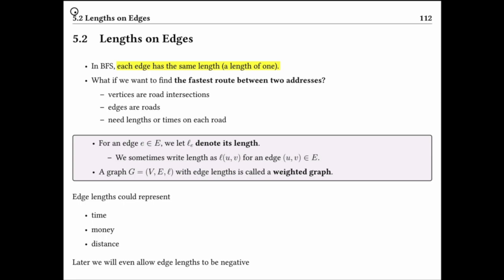But graphs are useful in lots of different domains and applications, as I've been saying. So a very natural thing that's going to happen a lot is that the edges have numbers attached to them.